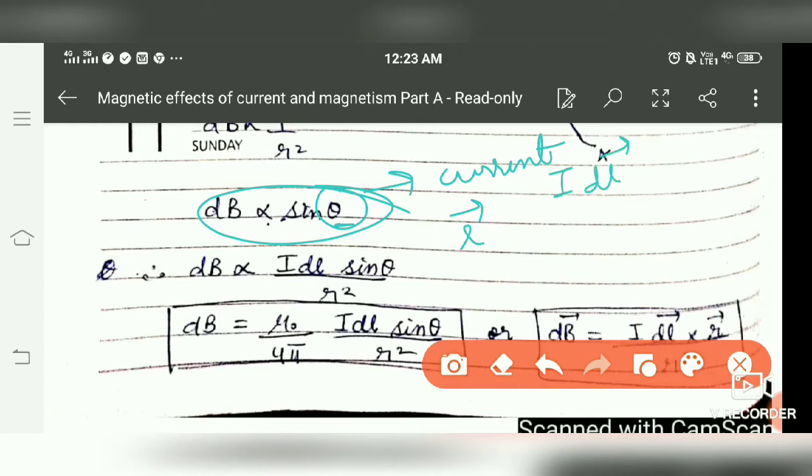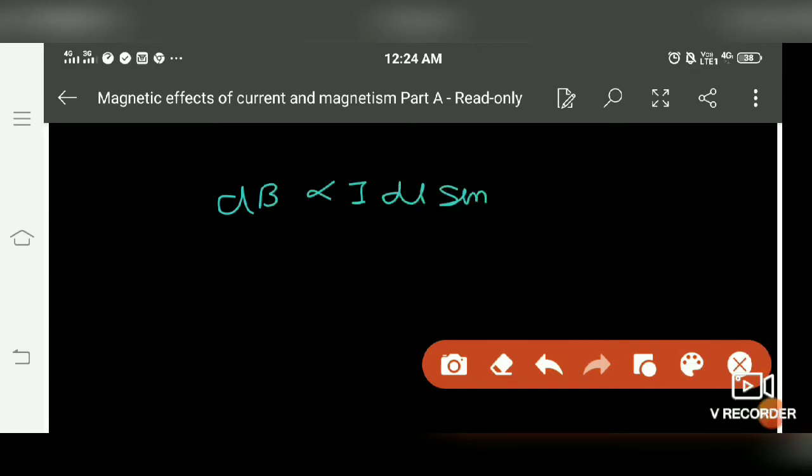So if we combine this all, we get dB is directly proportional to I dl sine theta by r square.